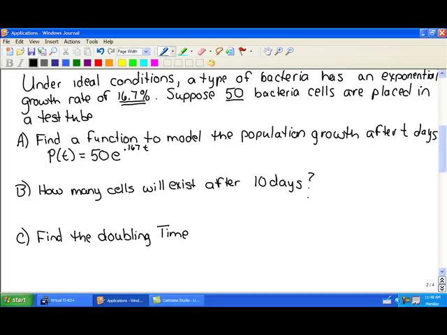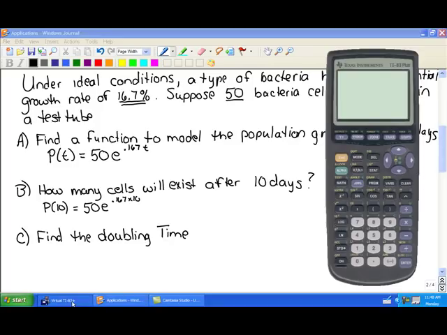To see how many cells will exist after 10 days, we're going to say the population after 10 days is going to be 50 times e raised to the 0.167 times 10 power. Let's actually look at that on a calculator.